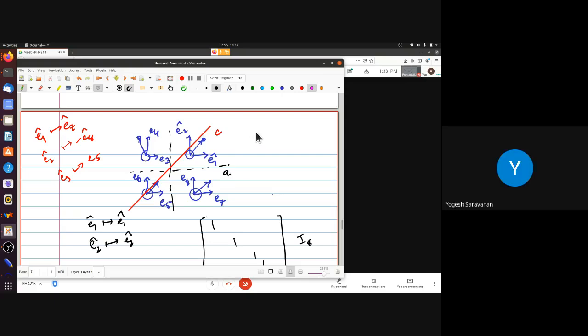So E1 becomes E2, and E2 becomes E1. It's a 45-degree line, so the x-axis becomes y, y becomes x. What happens to E3? It becomes E8, because this atom moves here on the reflection, and because you're reflecting along a diagonal line, this horizontal vector becomes vertical.